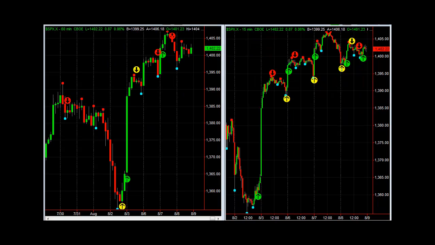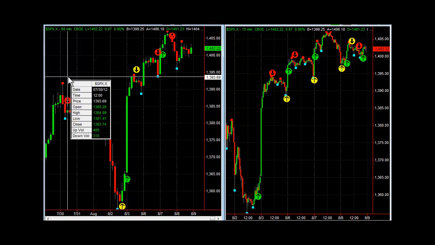So this is using the same model, but over a 60-minute time frame, which is intermediate, and over a 15-minute time frame. So these are where the entries would have been, and this was the last short entry on the intermediate term trend.